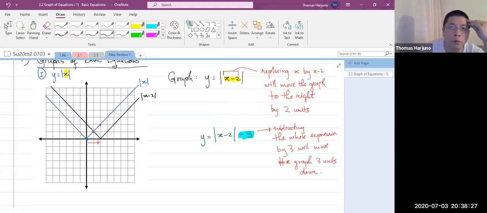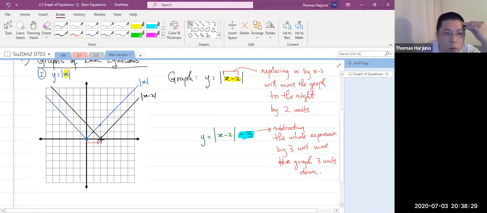So what does the graph look like? From this vertex (2, 0), I continue down by 3 units.